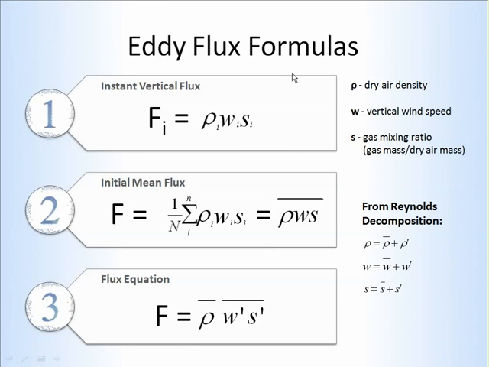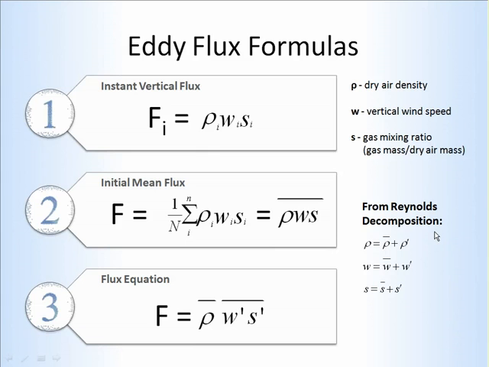The instant vertical flux is equal to dry air density multiplied by vertical wind speed and the gas mixing ratio. In order to get the mean flux, we partition the instant variables into means and deviations based on the Reynolds decomposition technique.